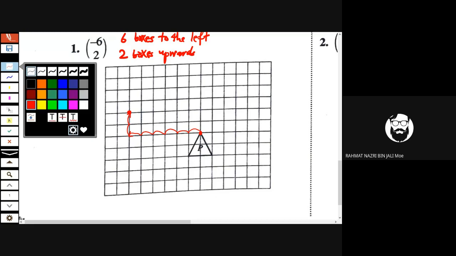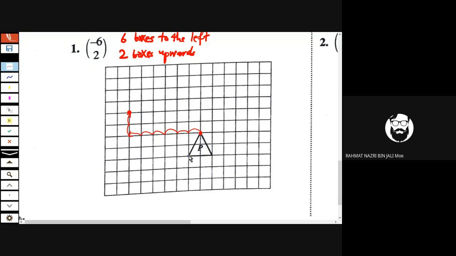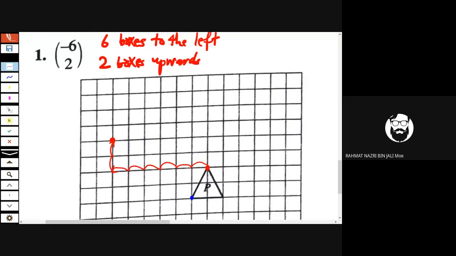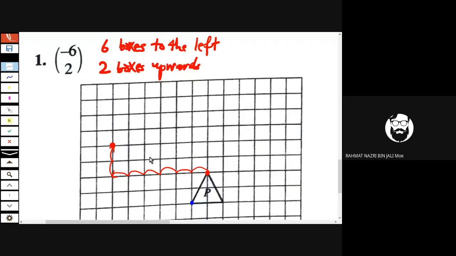Ambil warna lain, ambil warna biru. Titik yang kedua, saya gerakkan ke kiri sebanyak 6, sama juga. 1, 2, 3, 4, 5, 6.